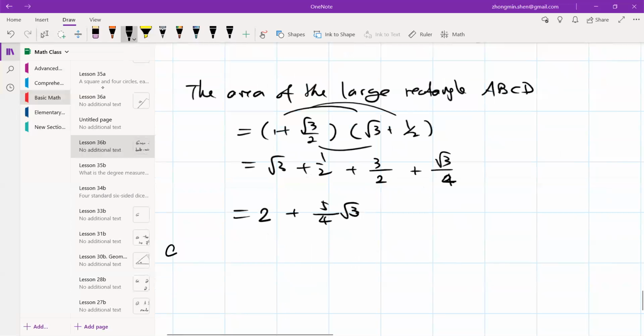Okay, my last question, maybe. Here's a rectangle.